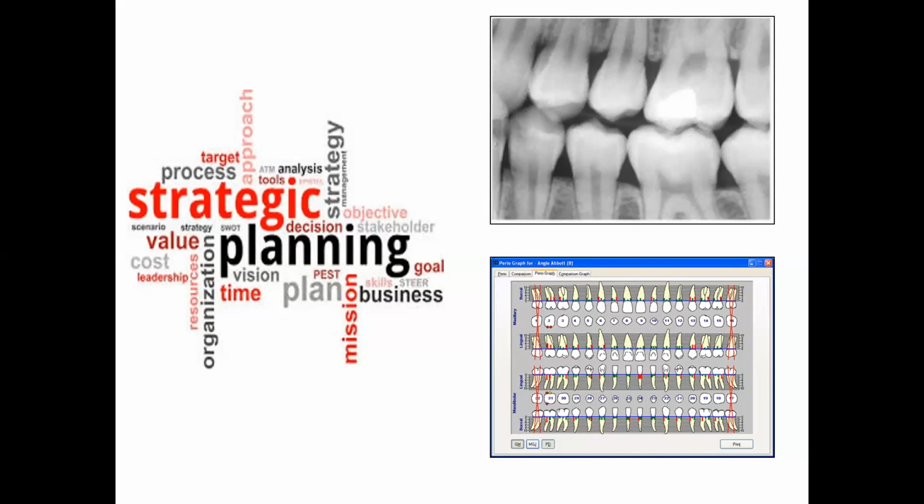We do a complete and thorough examination, interior and exterior to the mouth. We do an inside and outside SWOT analysis, if you will. We talk about setting goals and objectives for the patient and for us in terms of the restorative plan that we have in place. And then we measure things along the way, and we sometimes adjust the plan as it goes along if we need to, but we're always working towards a strategic goal that, let me remind you, is aligned with the vision we have for that patient's care.